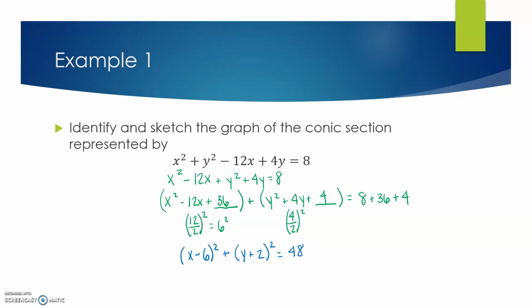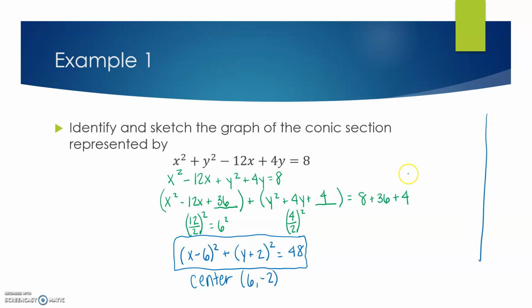Now, because there are no coefficients for either of these sets of parentheses, we can look at this, hopefully, and go, hey, that looks like a circle. It's the form of a circle. So if I were to sketch this, I know that my center would be at 6, -2, because I do the opposite signs.